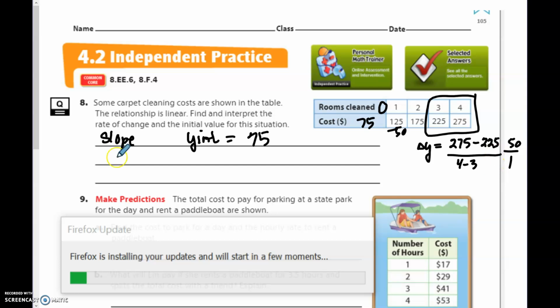So it looks like my slope is going to be 50. It's $50 for one room cleaned. Okay, so that would be the interpretation: $50 for every one room to be cleaned.